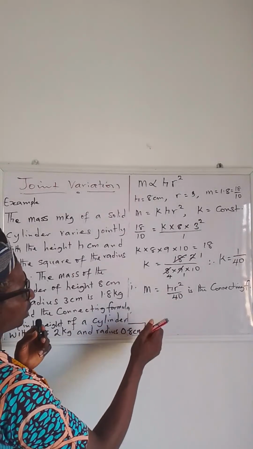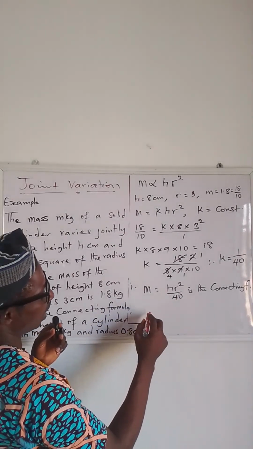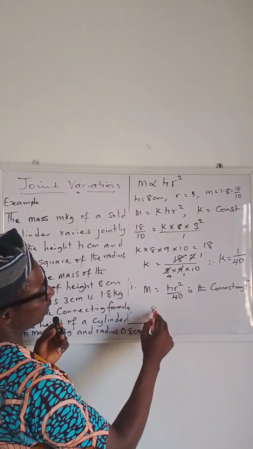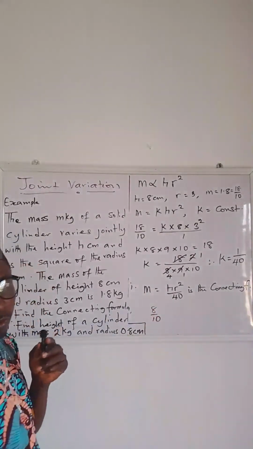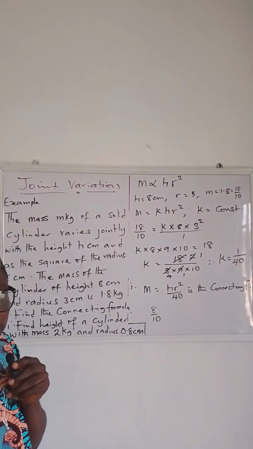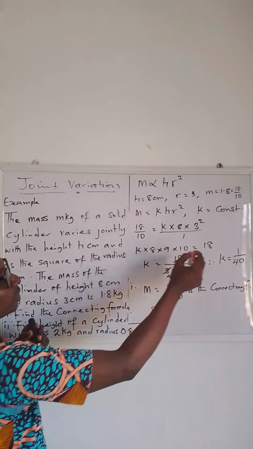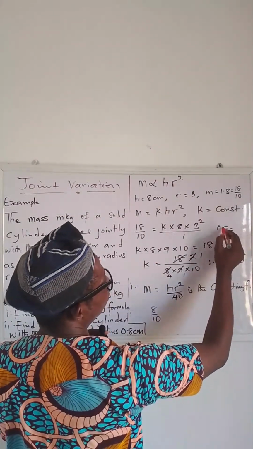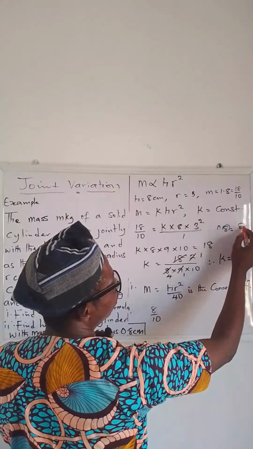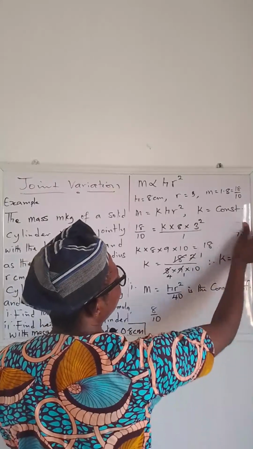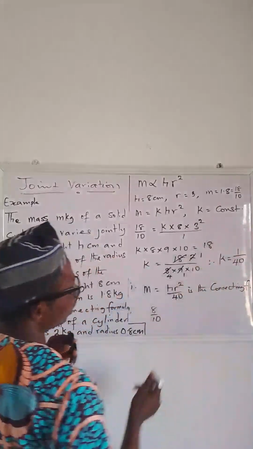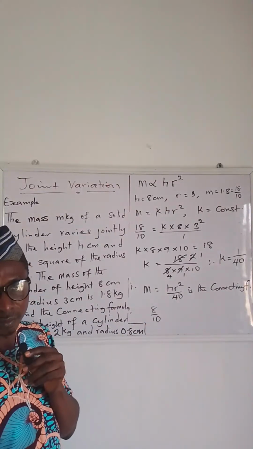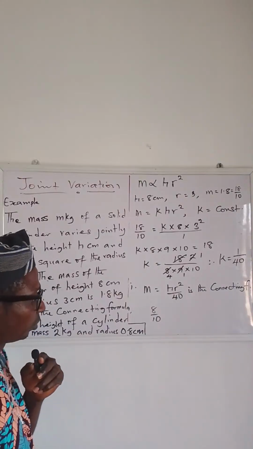I can write 0.8 as 8 over 10, because 0.8 in fraction is the same thing as when you move the point once. So you have 8 over 10. I'm only doing this to make the work easier. I can also express it as 4 over 5 if I care to do that.